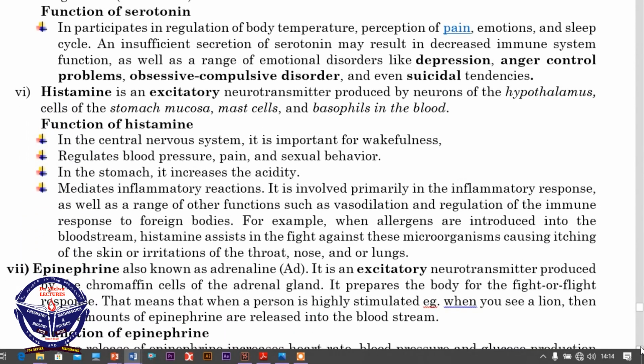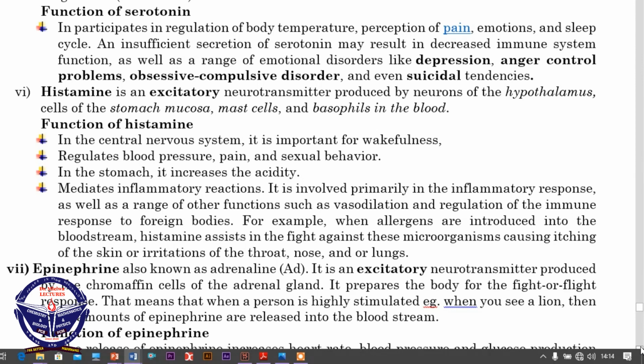Then you have histamine. Histamine is an excitatory neurotransmitter produced by the neurons of the hypothalamus and cells of the stomach mucosa, mast cells, and histamine actually inahusika katika inflammatory reaction. Histamine ndio inayokufanya wewe labda upige chafya, maana kama ukivuta hewa ambayo ina pathogens, hiyo hapo itaenda kusababisha the inflammatory reaction ambayo itakupelekea upige chafya ili utoe wale pathogens walioko ndani ya ile hewa.